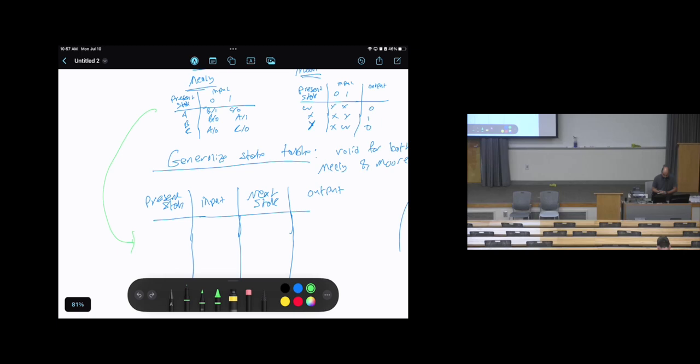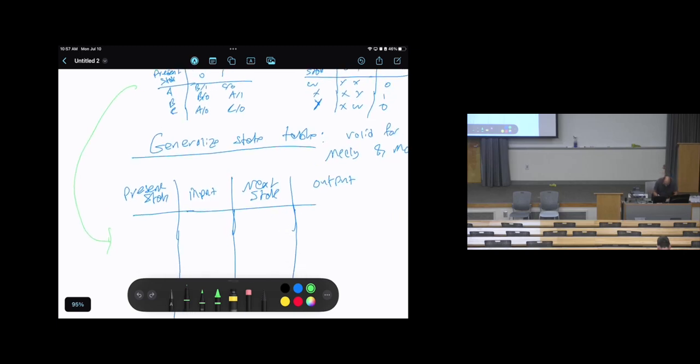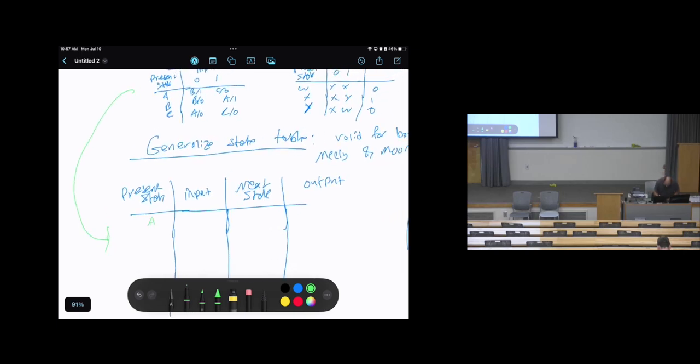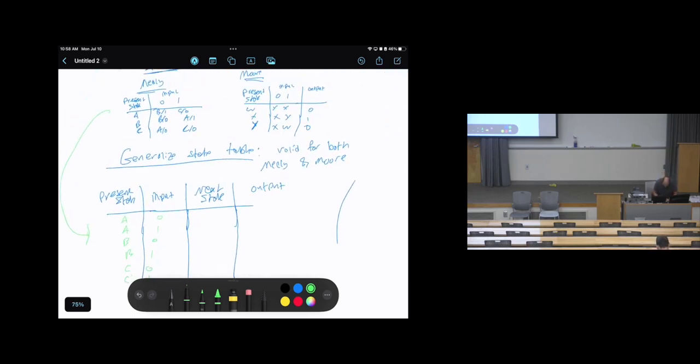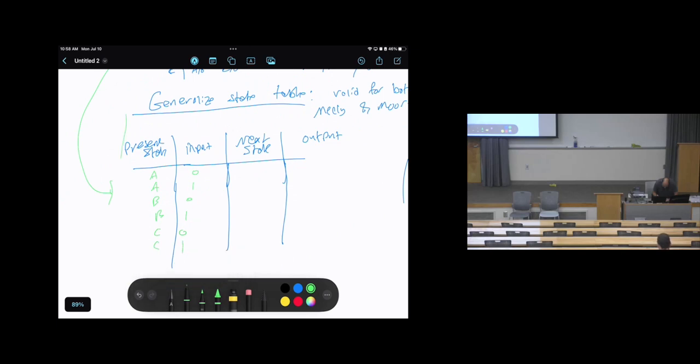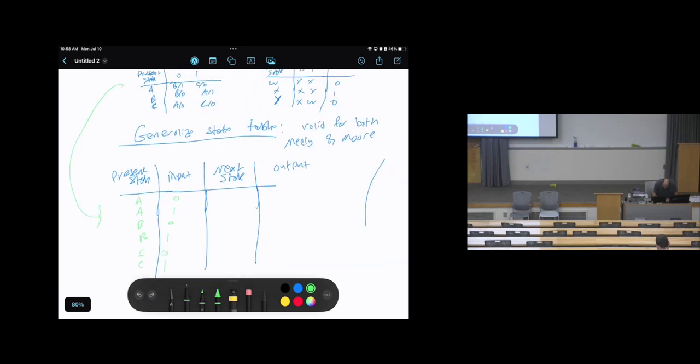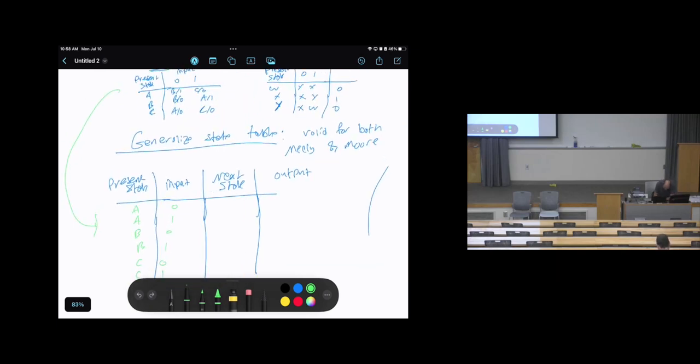Can we do it? Yes. So basically, we can say this is state A with input 0, input 1. State B with input 0, input 1. State C with input 0, input 1. Then we can compare. A with input 0, the next state will be B, and the output will be 1.